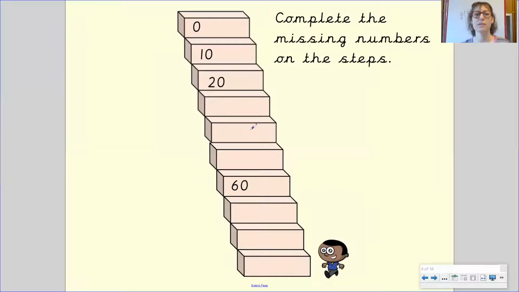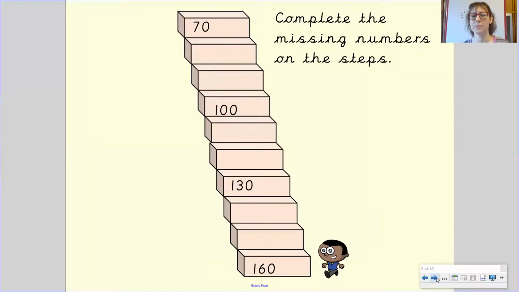So let's have a look at our steps. If you want to pause the video and do this before I do, then go ahead. Well, let's fill in the missing numbers. 0, 10, 20, and we've got 30, 40, 50, 60, 70, 80, 90. It's always good to have one in the middle to make sure that I'm doing it right.